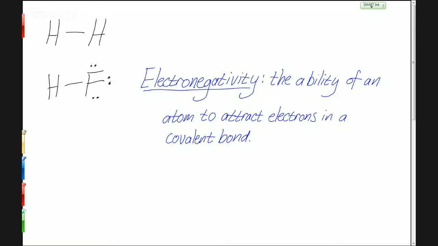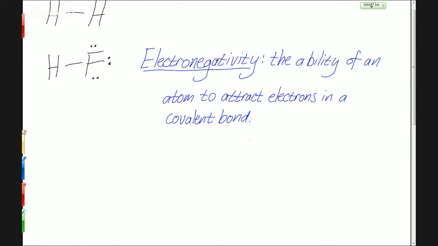So we're not talking about just like the atom is out there and electrons from other places are magically attracted to it. That's something different. This is saying when we have a bond, and a bond is always between two atoms, one of them can pull the electrons more than the other. And the one that can pull the electrons more than the other is said to have a greater electronegativity.